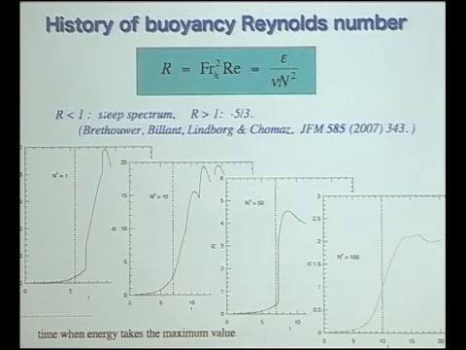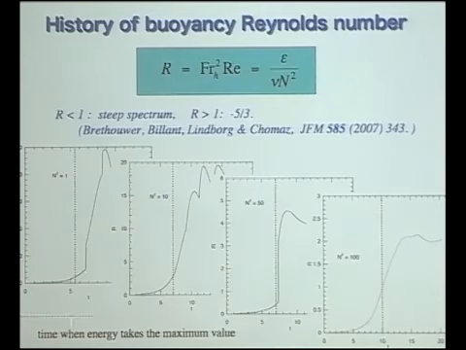And by Brethouwer, Billant, Lindborg, and Chomaz, if buoyancy Reynolds number is smaller than 1, we expect a steep spectrum, and when R is bigger than 1, we may have -5/3.